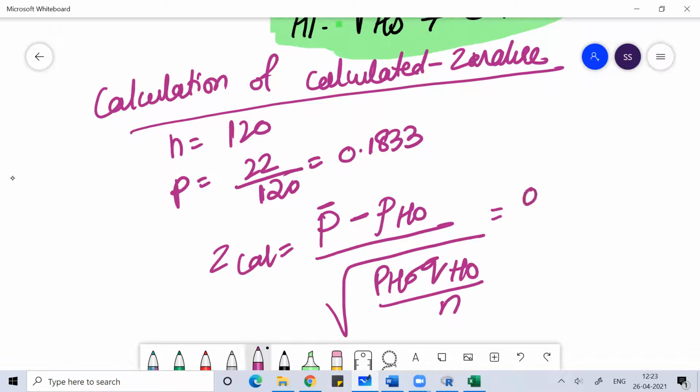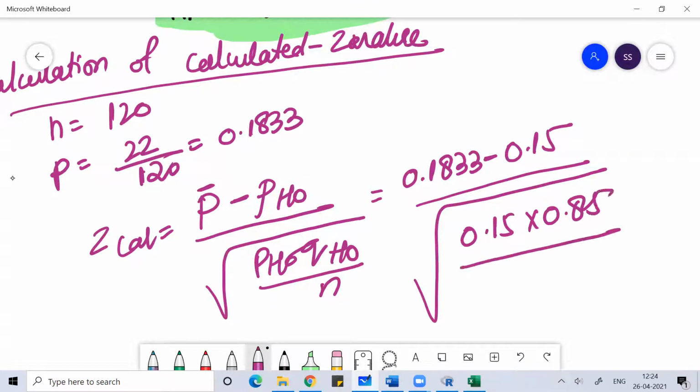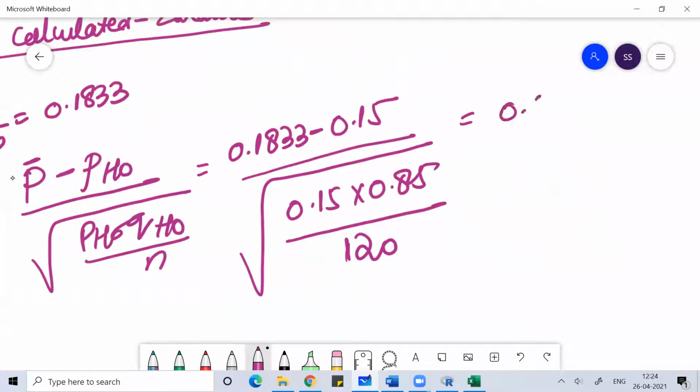Your sample proportion is 0.1833, your population proportion is 0.15, and this is divided by the square root of 0.15 into 0.85 divided by n, where n is 120.